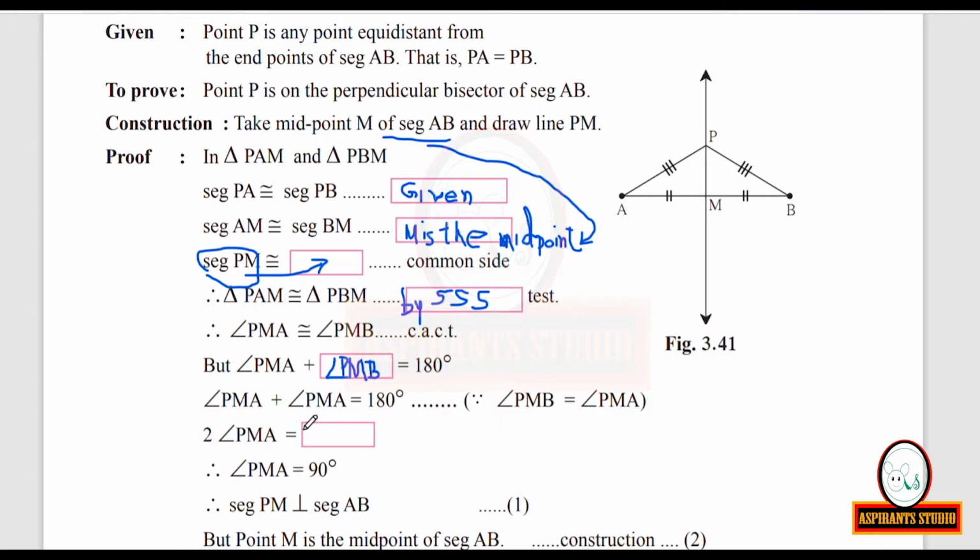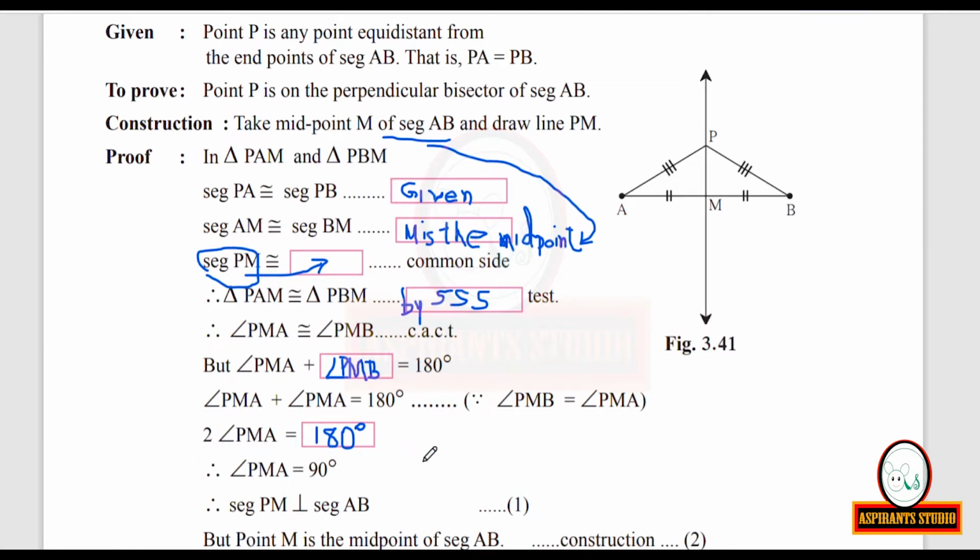So you'll write here, 1 PMA plus 1 PMA will be 2 PMA, that is equal to 180 degrees.